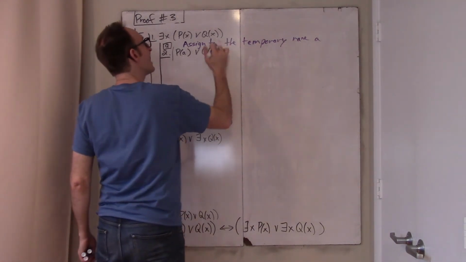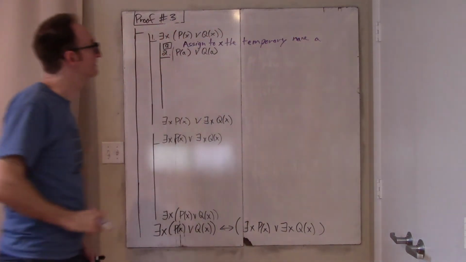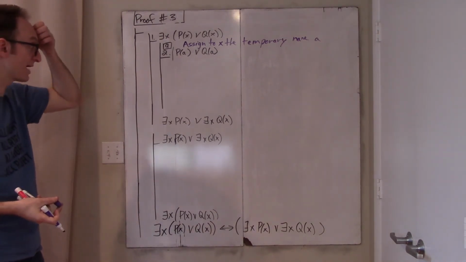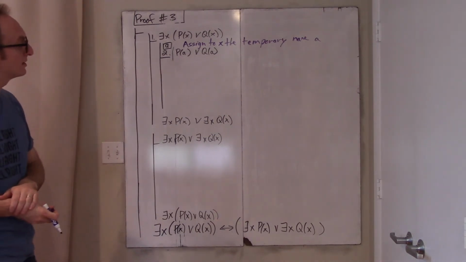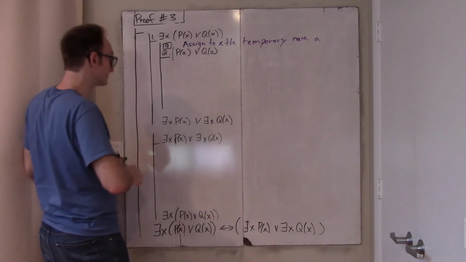Now that I have given this object in line 1 a name, I can apply basic propositional logic to these facts. Either this is true or this is true. Well, sounds like I should do a proof by cases.